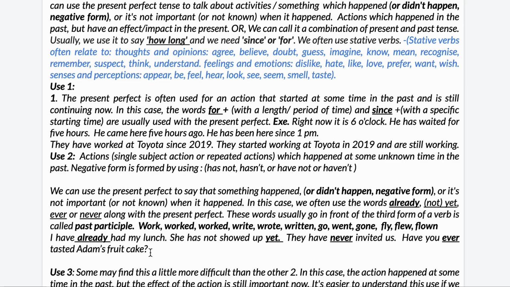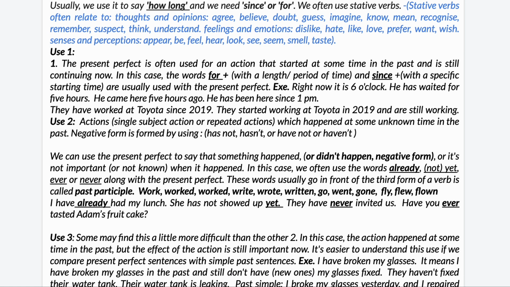So now here, the example says, I've already had my lunch. I have already had my lunch. With I, we know that we use have, we never say has. I can say it this way, that's the short form, I've.